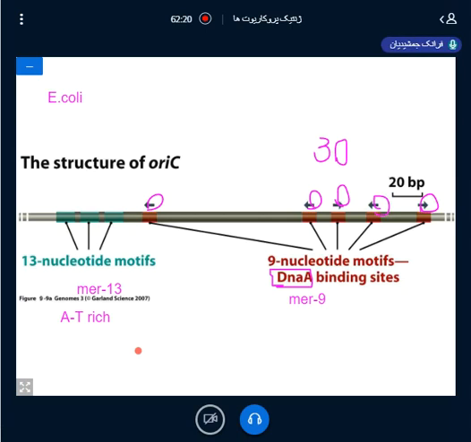If the domain is AT-rich, it has many A and T nucleotides in the domain.